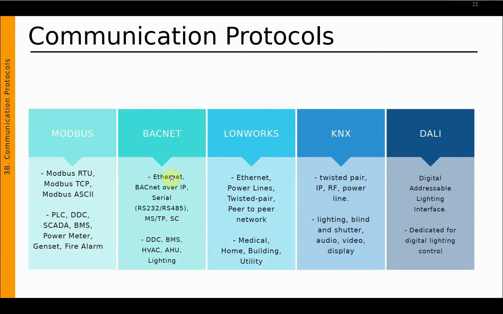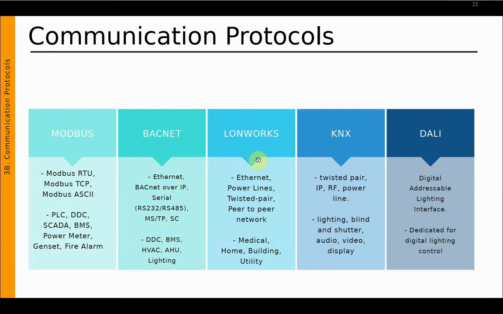Another one is BACnet, the building automation control network. This BACnet system uses Ethernet, or sometimes BACnet over IP or over serial, and also MSTP. The new one is BACnet/SC, Secure Connect. BACnet usually uses a DDC controller or BMS controller, HVAC, air handling unit, or lighting.